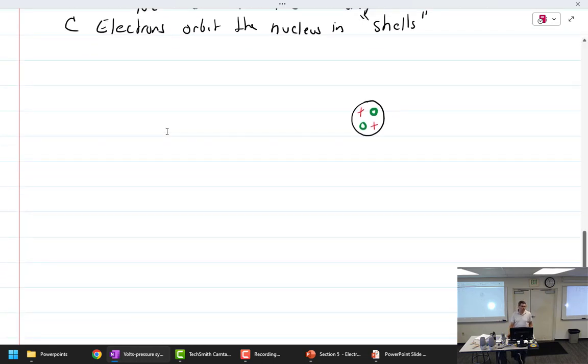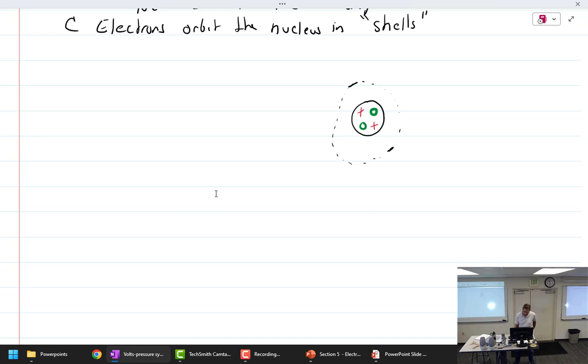The very two-dimensional model assumes that these electrons orbit around much like the moon would orbit around the Earth. Assuming, of course, the Earth is not flat, which it's not. But if you're a flat earther, I don't want to offend you. So they just kind of orbit around like that, and they're negative charged.